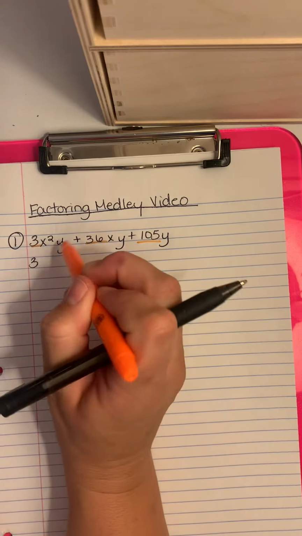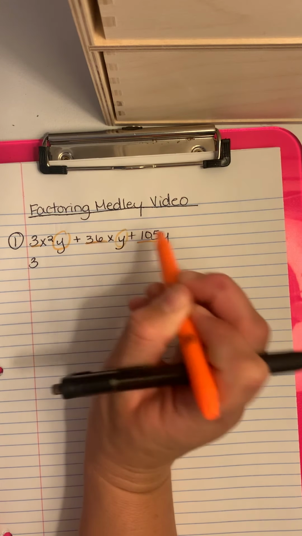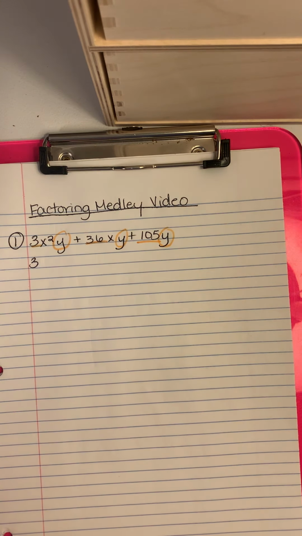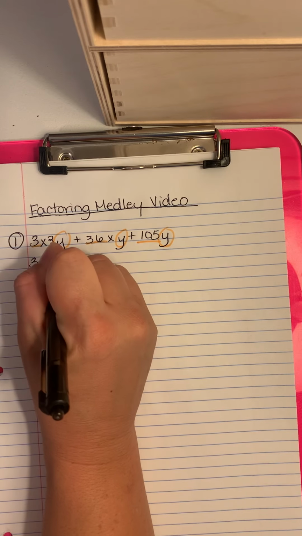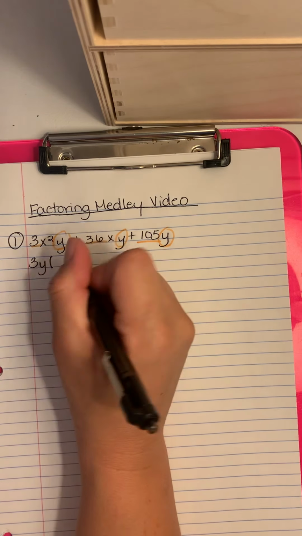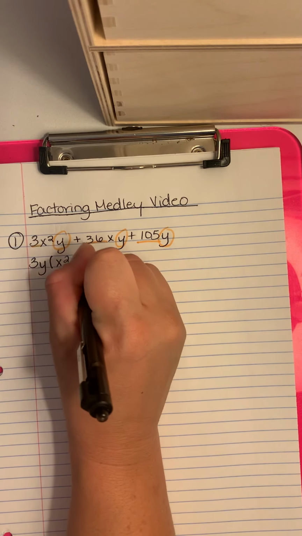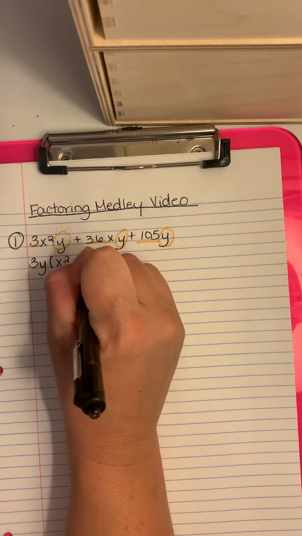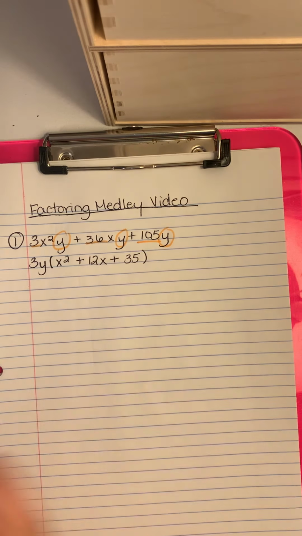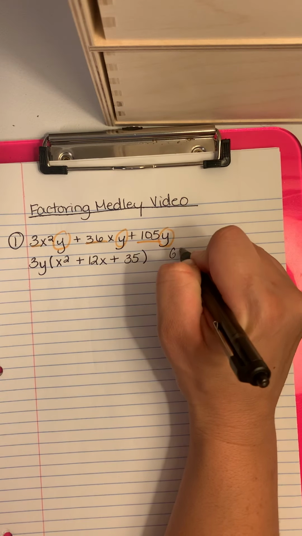Then I realize I have a y that's common to each of them, so I can take the y out. So this is going to leave me with x squared plus 12x plus 35, since 105 divided by 3 is 35. All right, so there I've done GCF.